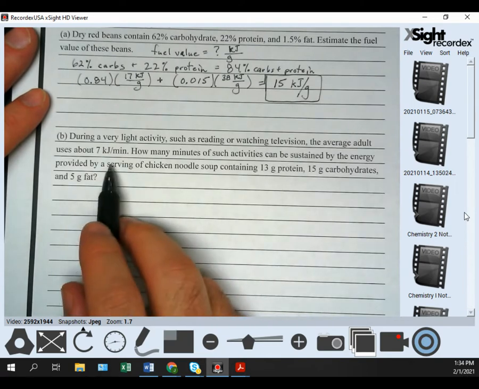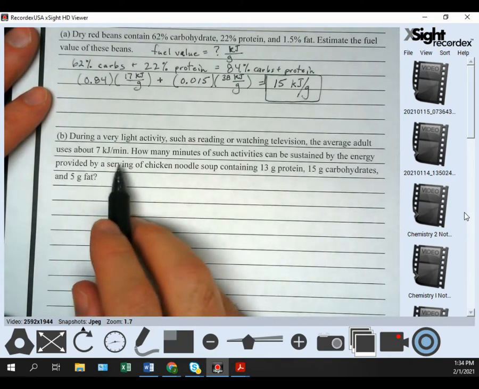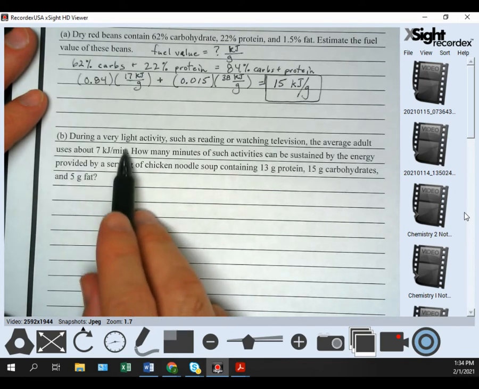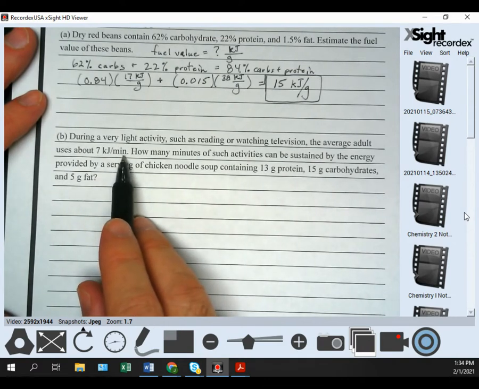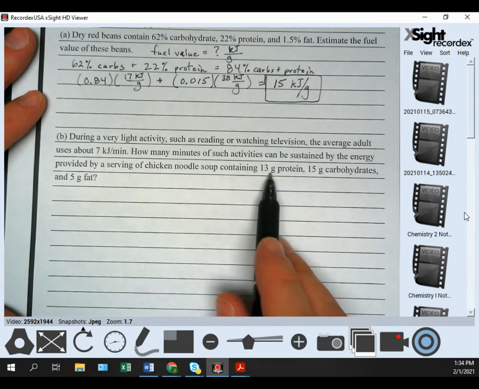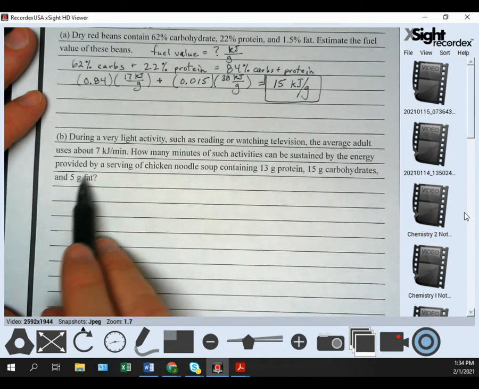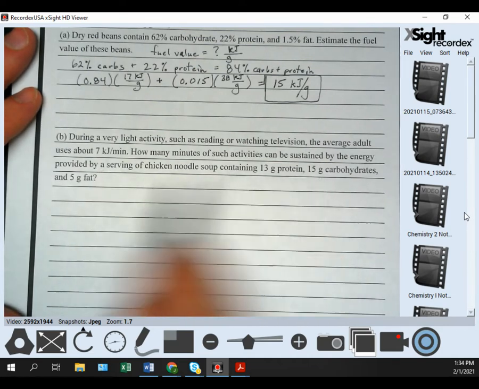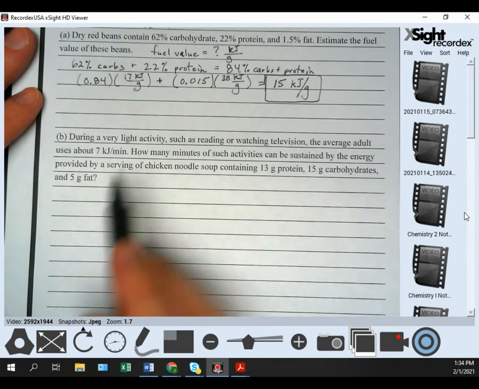So if we look, we've got the rate of energy burn, I guess you would say, correct? And we've got the amount of energy per serving, really. Well, we've got the grams of each thing, and we need to figure out the amount of energy per serving, right?